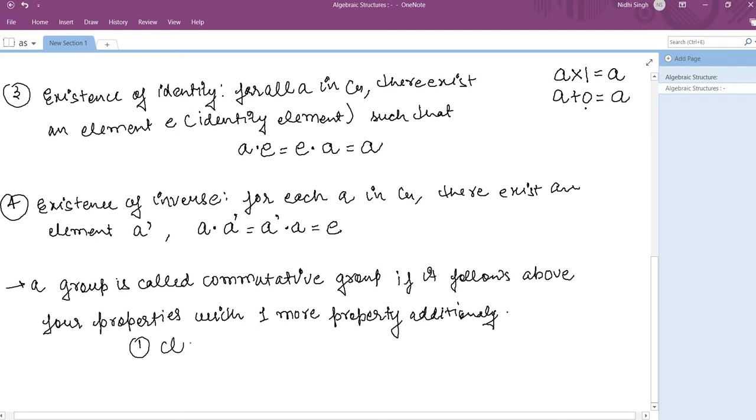In the combined way, you have to write: the first property is closure, the second property is associativity.